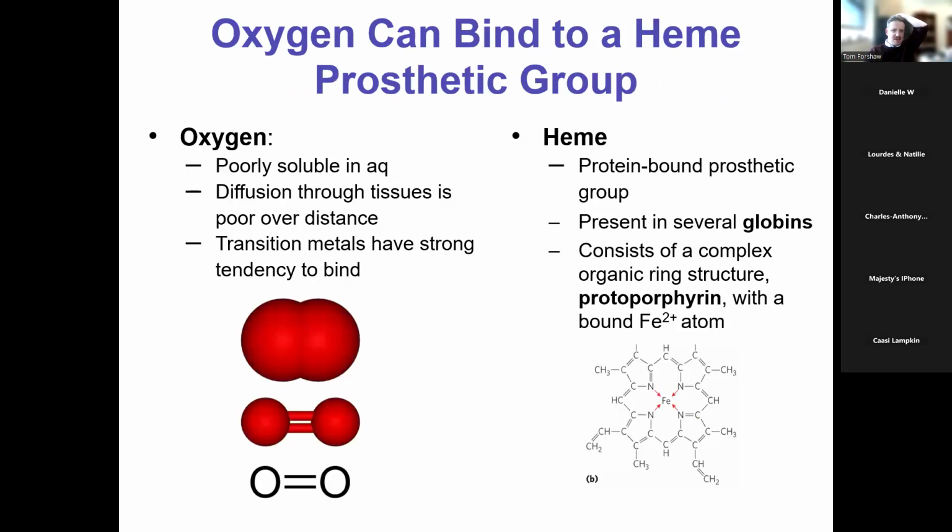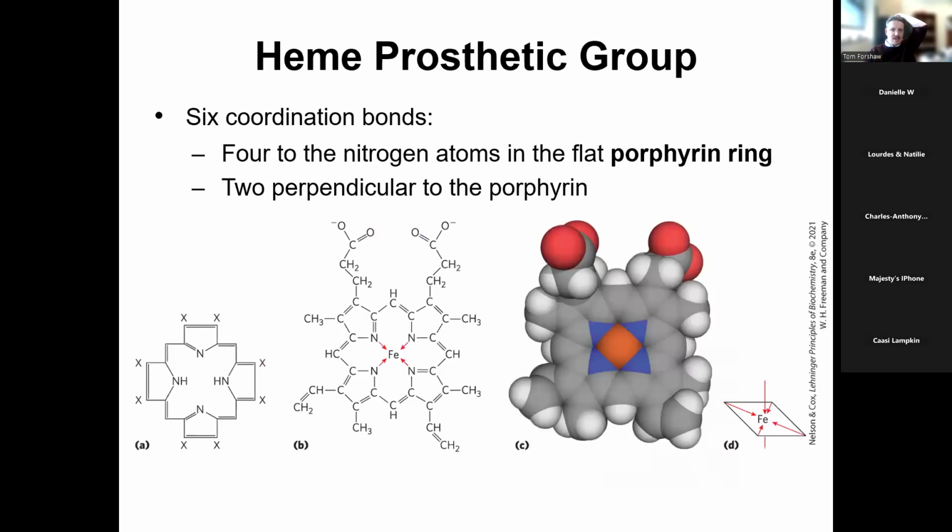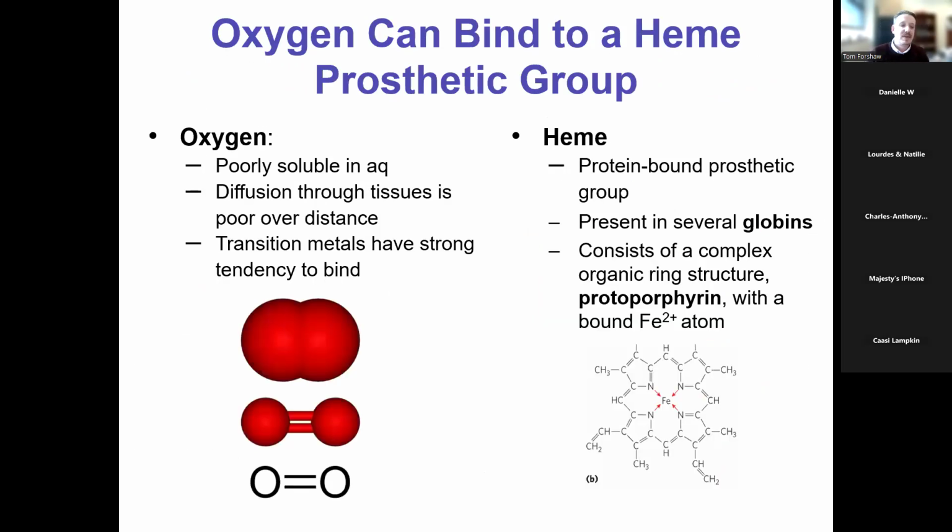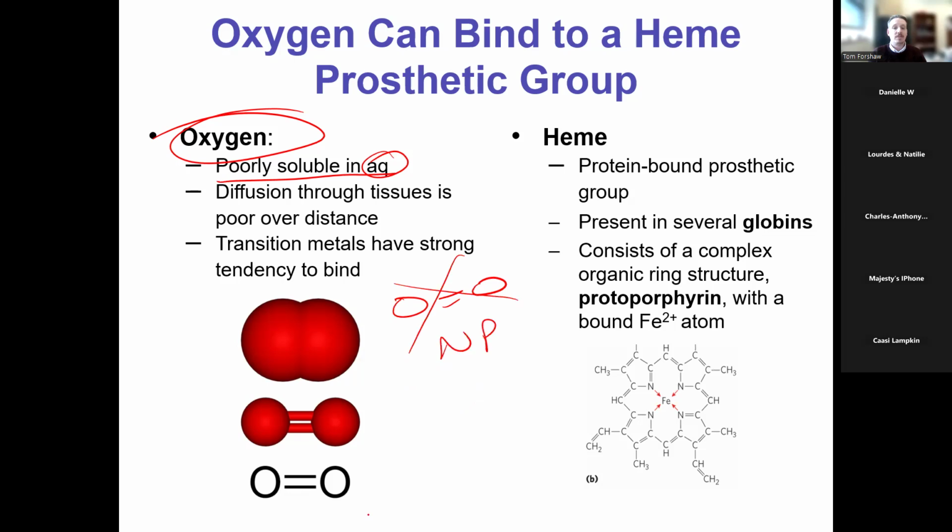Let me think. I'm going to skip to this slide, and I'm going to define the problem. The problem with oxygen is that oxygen is poorly soluble in aqueous solution, which is water, and that's because it's non-polar. Although oxygen bonds are polar, because it's two oxygens, it cancels out and it becomes non-polar.